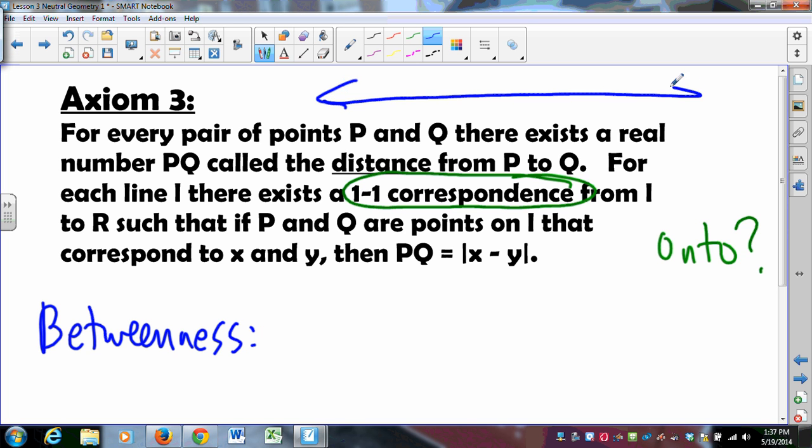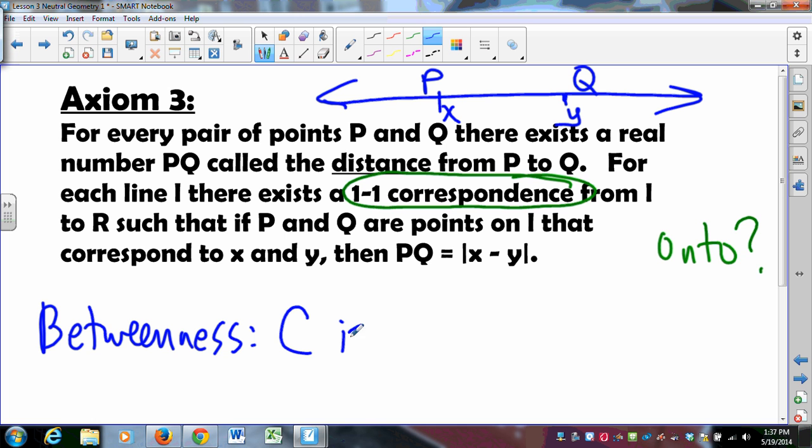I've got some line right here. I've got P right there and Q right there. So P corresponds to some number X and Q corresponds to some number Y. So the distance between them is the absolute value of X minus Y. It's the difference in their one-dimensional coordinates.